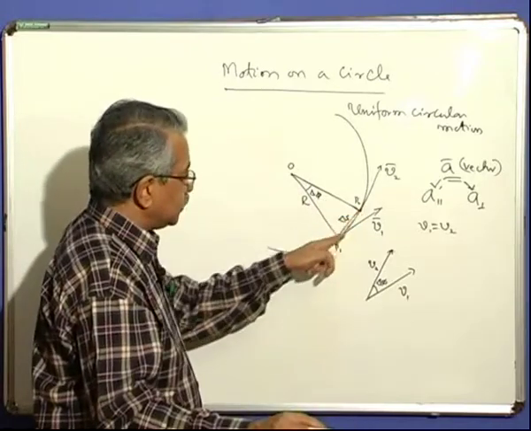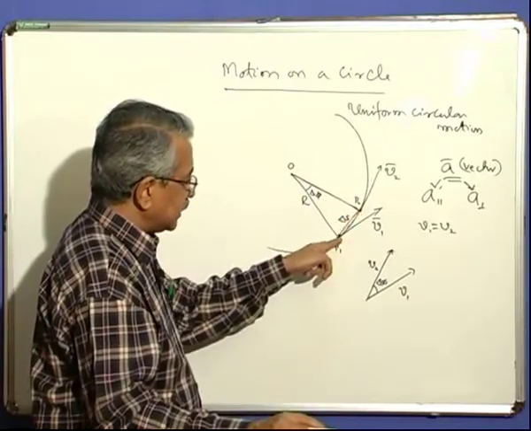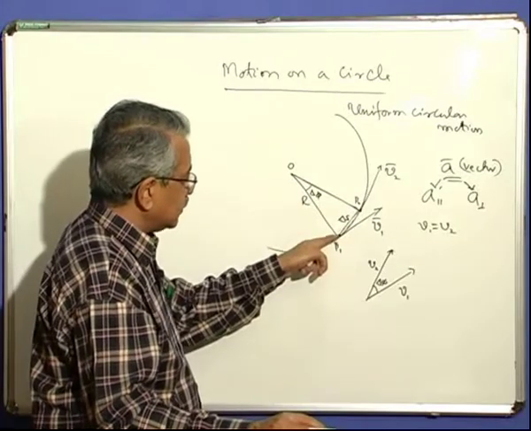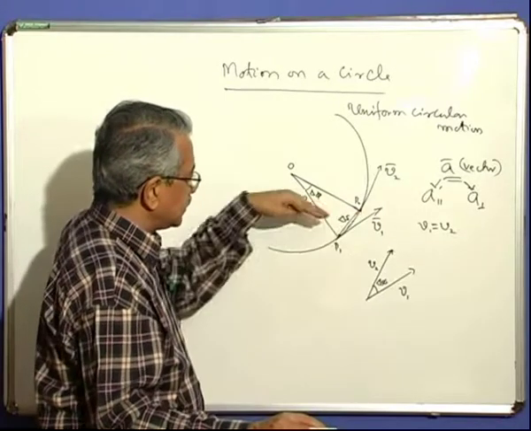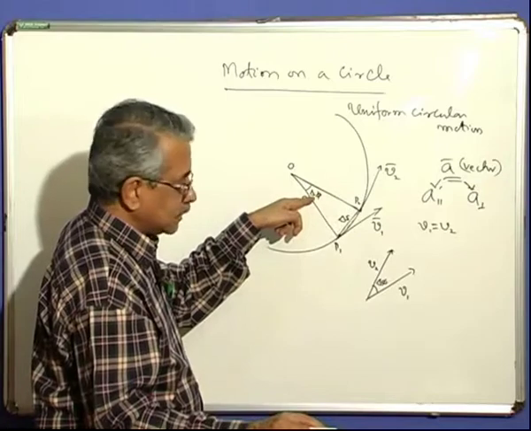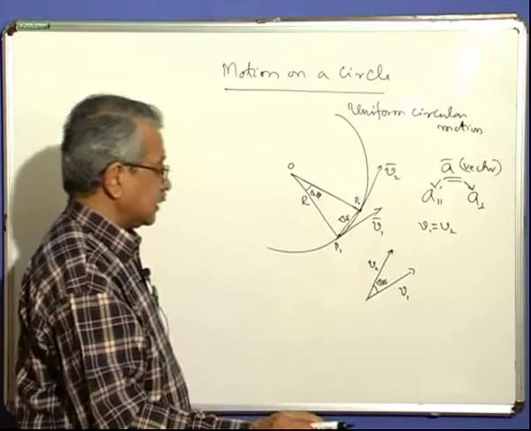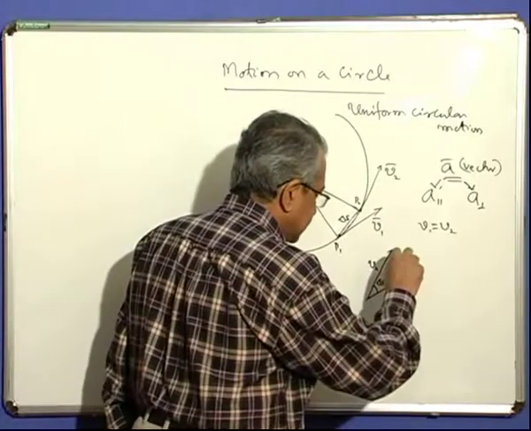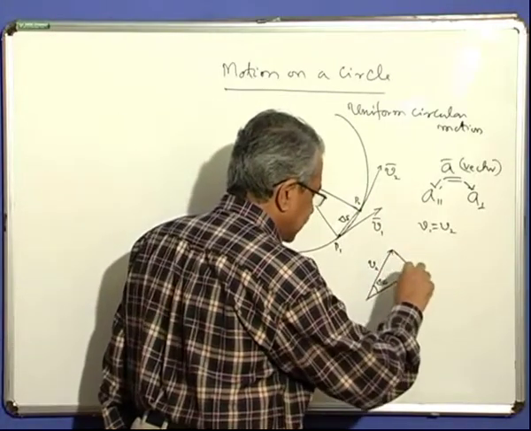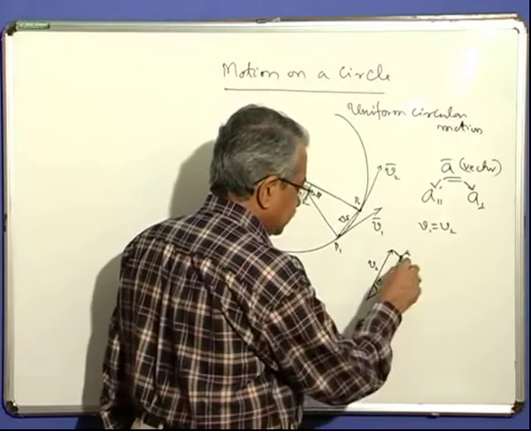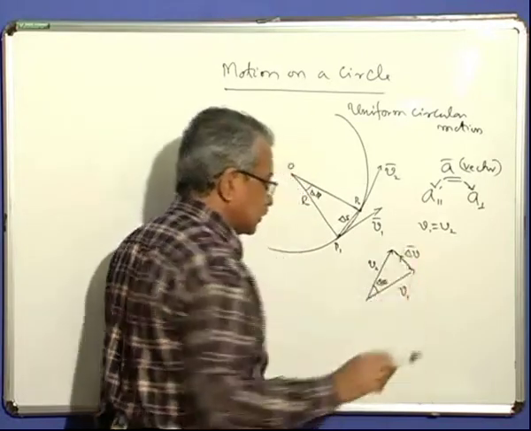When it goes from P1 to P2, the radius is shifting by an angle delta phi. That's why the angle between the velocity vectors will also be equal to delta phi. Now if you complete the triangle here, this will be delta V, that is the change in velocity.